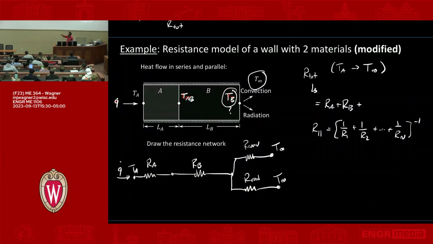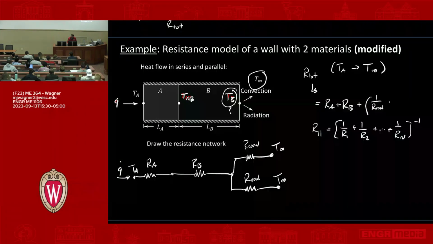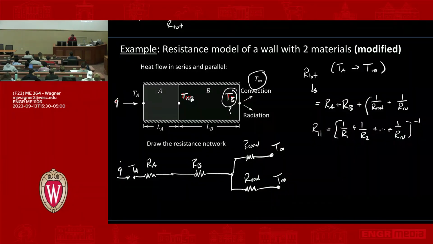We have 2 in this case, but you could have any number in parallel. This is how you convert it to this parallel resistance. So for us, up here, it's going to look like this: (1 over R radiation plus 1 over R convection) to the minus 1 power. Don't forget that minus 1 power. People do that all the time. It's really saying it's 1 over that whole quantity, right? Don't forget that. So that's our R total.